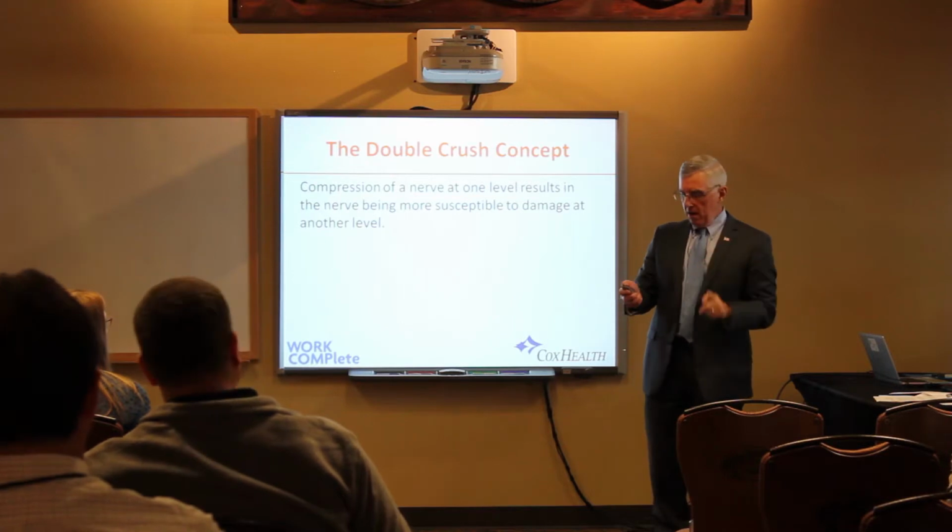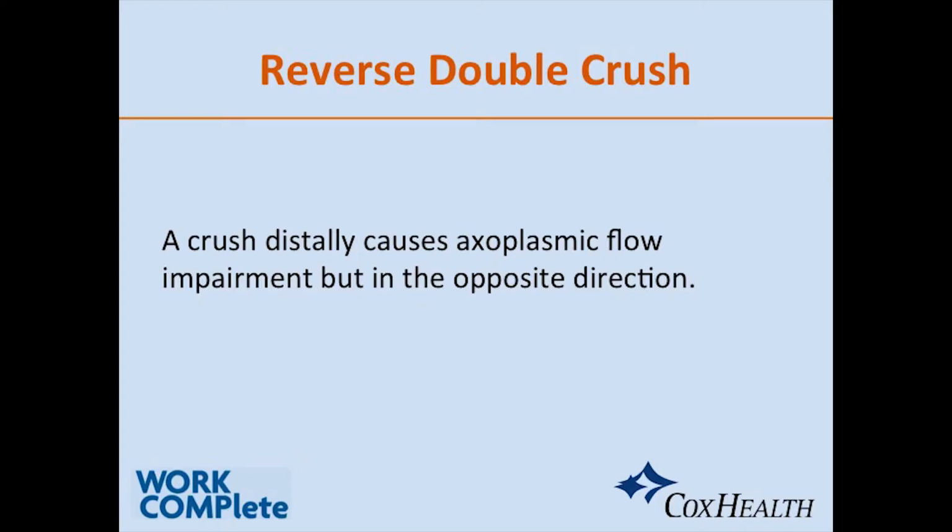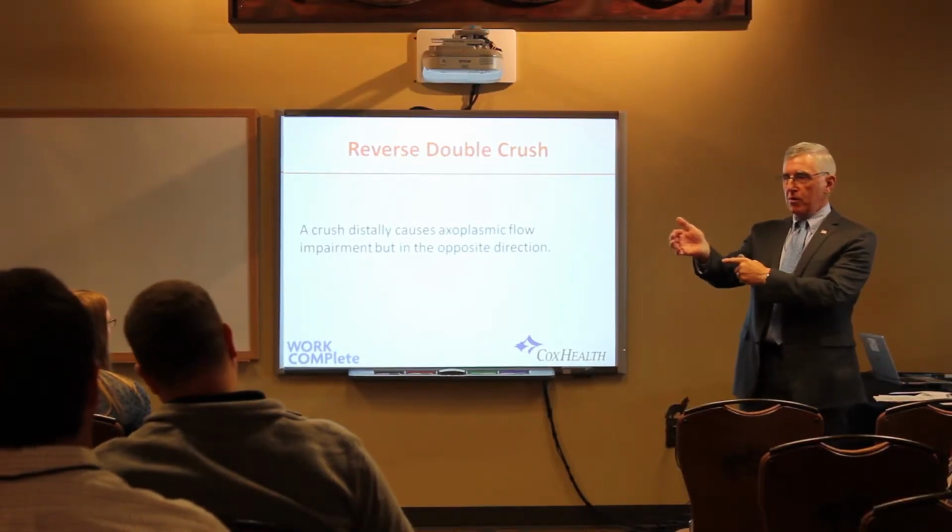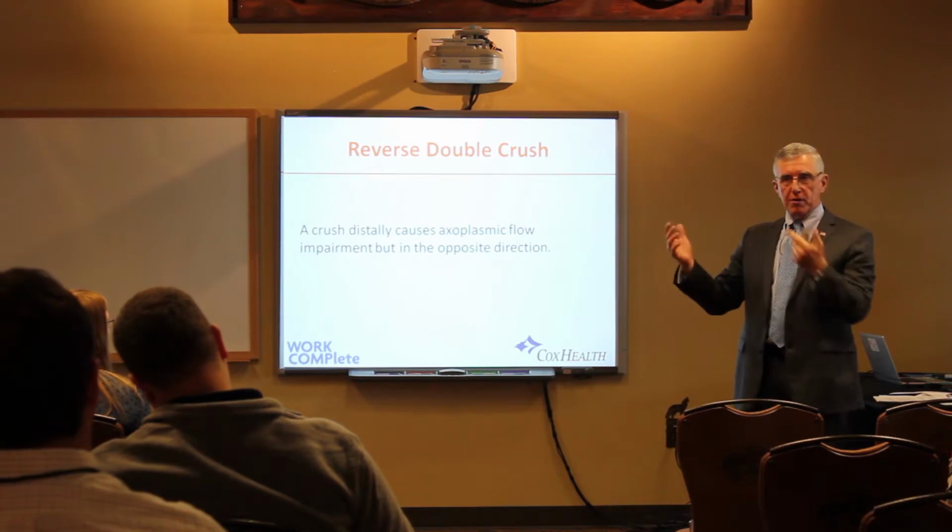Okay? Now, that led to another idea called the reverse double crush. Remember, the microtubules go antegrade and retrograde. So if you're compressing, let's say in the carpal tunnel, are they more susceptible to getting problems in the proximal forearm, the arm, the shoulder, the neck?